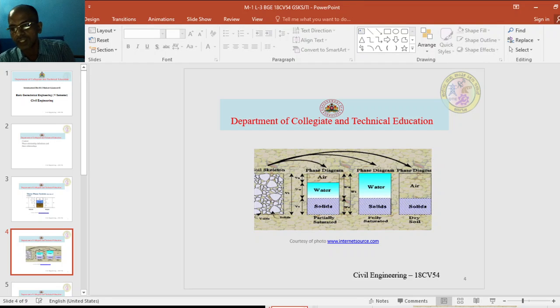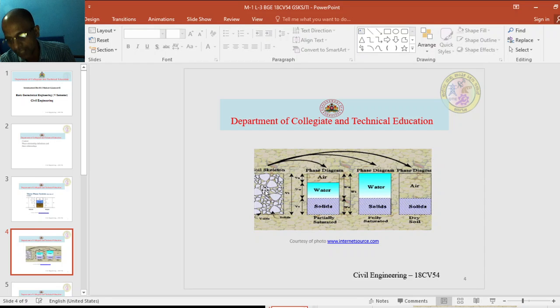Now this is a symbolic representation of the three-phase diagram, where air and water are there in the voids. This is a two-phase diagram. The difference is, if all the voids are occupied by water, then it is a fully saturated two-phase diagram. If all the voids are occupied by air, it is a fully dry two-phase diagram.